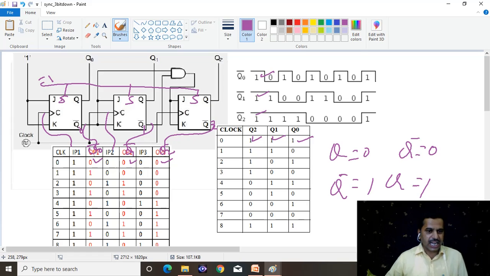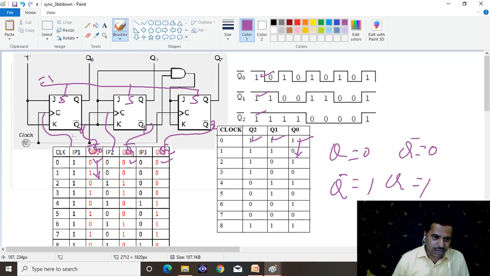Then the first clock pulse is applied to the flip-flops. Automatically the first flip-flop changes its state. Q0 bar is changing from 0 to 1, whereas Q0 changes from 1 to 0, because Q bar and Q are always complementary to each other.